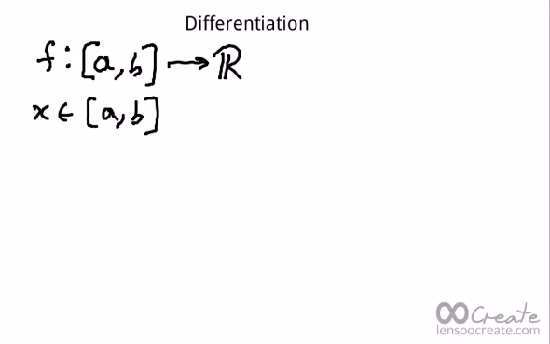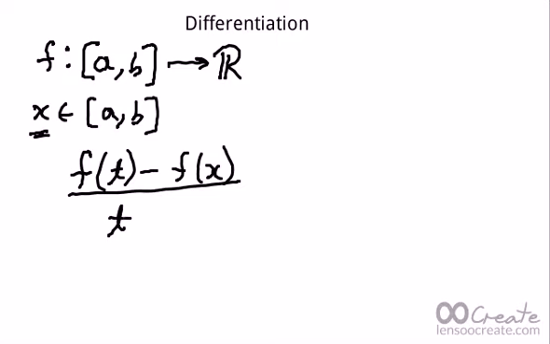Then for any x belonging to (a, b), the function is said to be differentiable at point x if the limit of (f(t) minus f(x)) divided by (t minus x), as t tends to 0, equals a finite number.